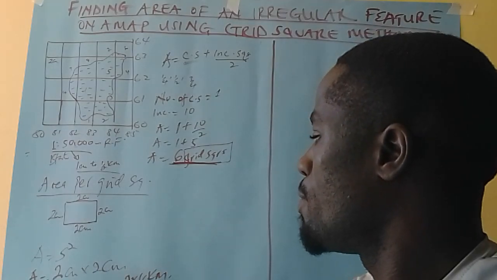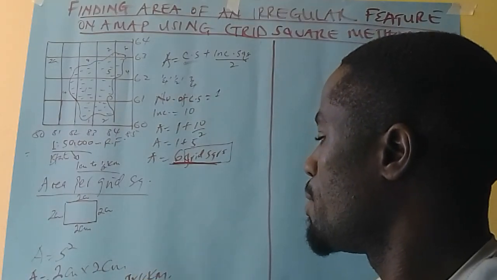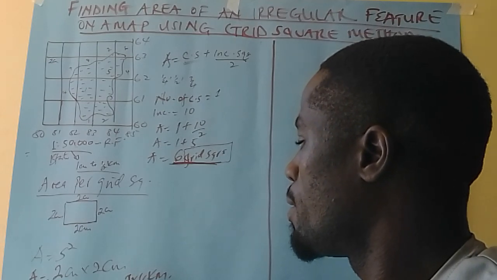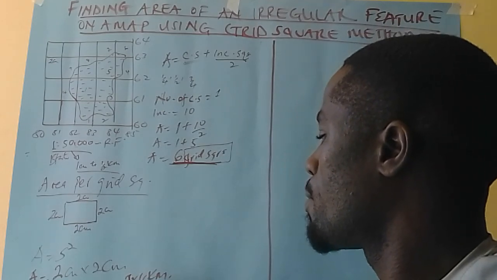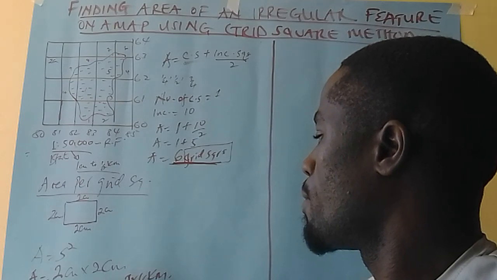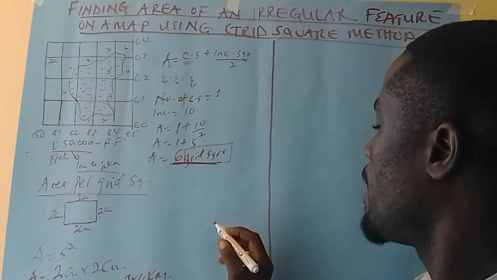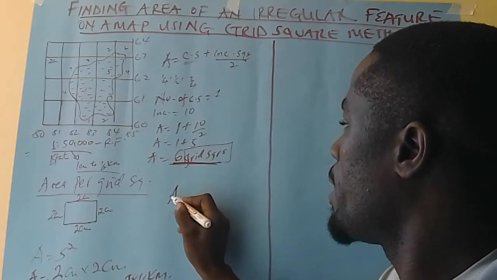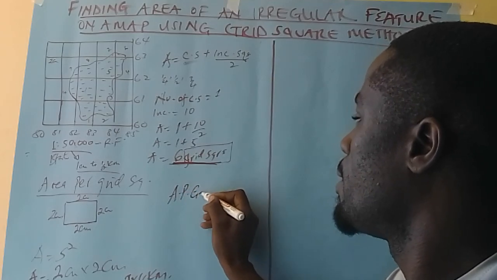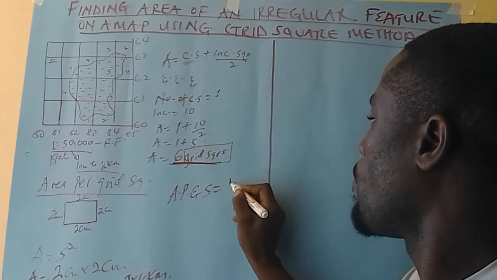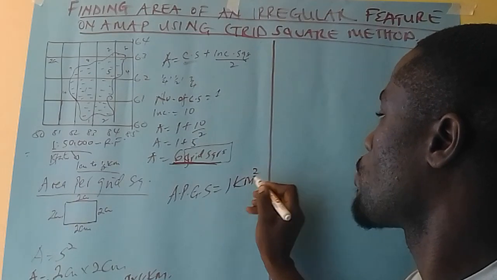This and this disappear, this one and this one disappear. We shall remain with 1 kilometer times 1 kilometer. 1 kilometer here, 1 kilometer here. That means area per grid square equals 1 kilometer squared.